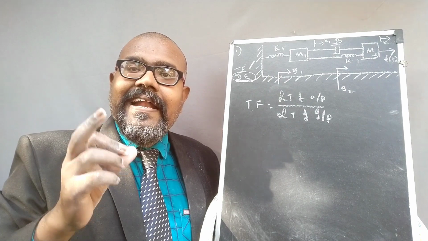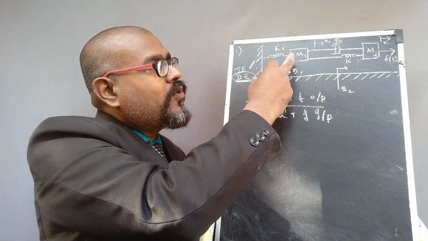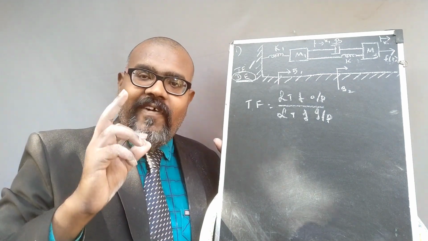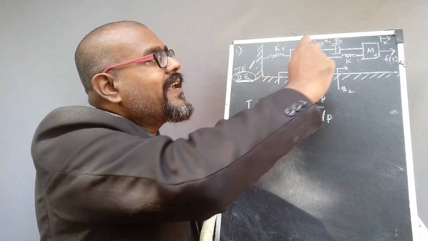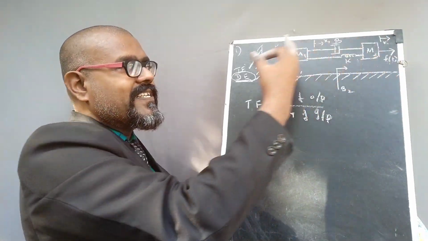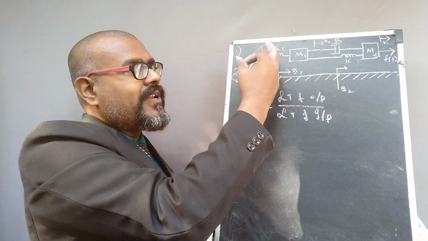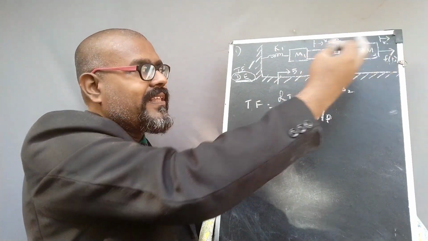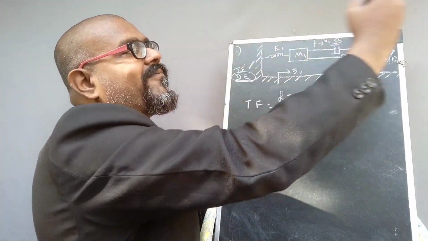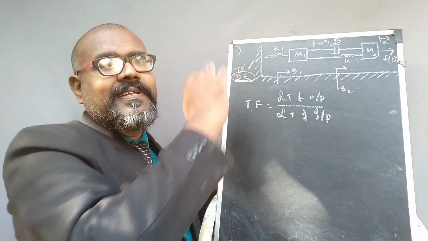Very important: no need to think that this x1 is the final displacement. The final displacement attained is x. Because of the applied force, the force is transferred here, and again the spring opposes the force, and all of that is also calculated. Then the final displacement attained is x.